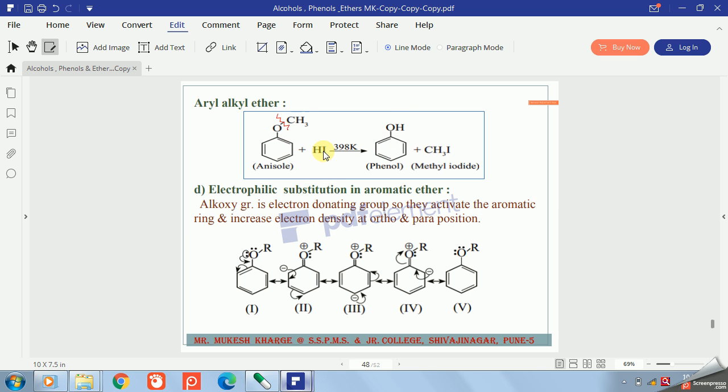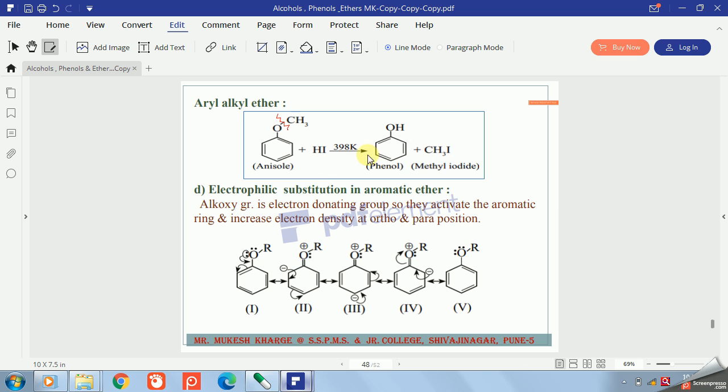That CH3 reacts with I, we get CH3I, methyl iodide, and H gets added to oxygen, so we get a phenol. Remember that when methyl phenyl ether or anisole reacts with HI, we always get a phenol, always a hydroxy compound. It is not an alcohol. And methyl iodide as an alkyl halide.